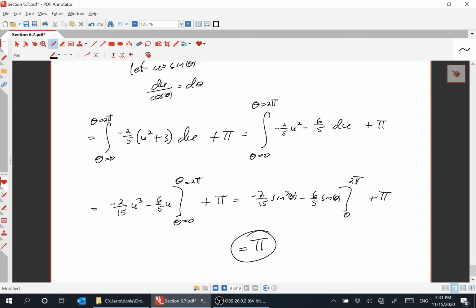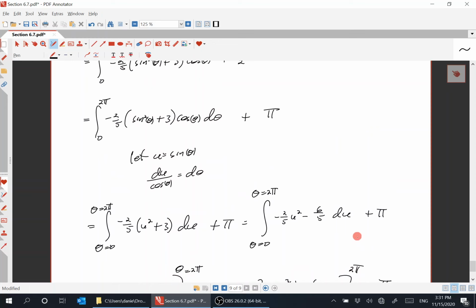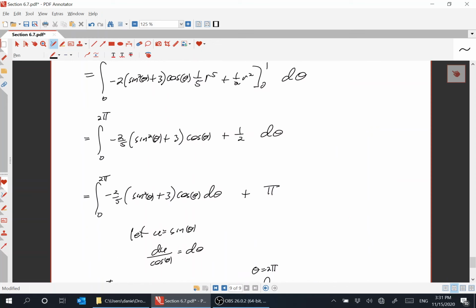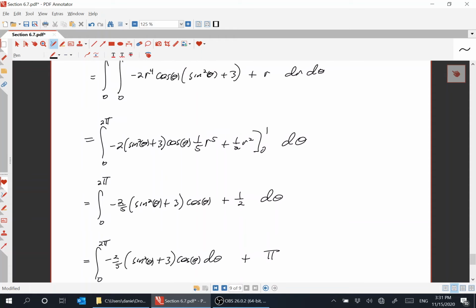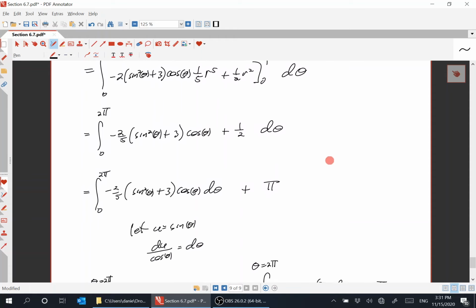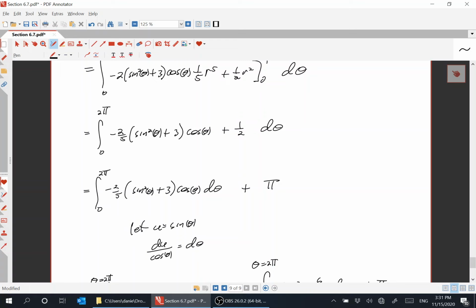So the whole thing just turns out to be pi. Oops, I'm getting pi squared. No, it's pi. How did I get pi squared here? Yeah, just pi.